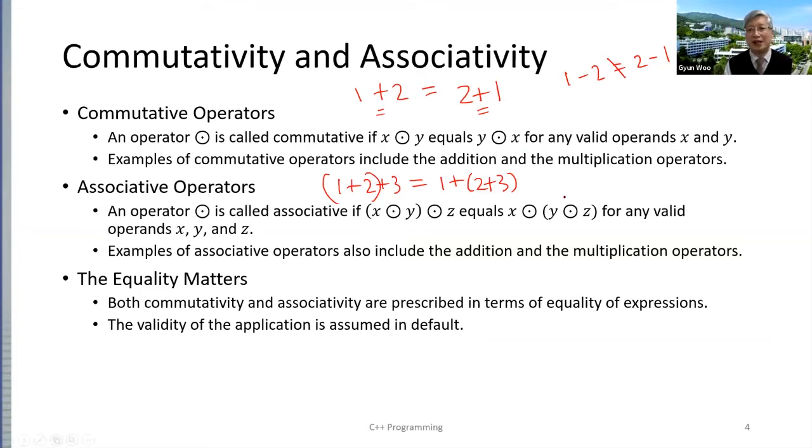But it is not true in some cases, such as 7 minus 3 minus 1. The right grouping gives 5 and the left gives 3. Okay, so it is different.